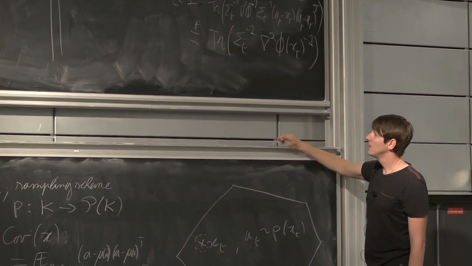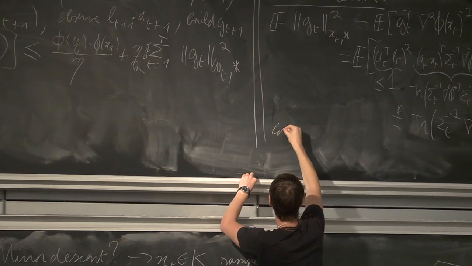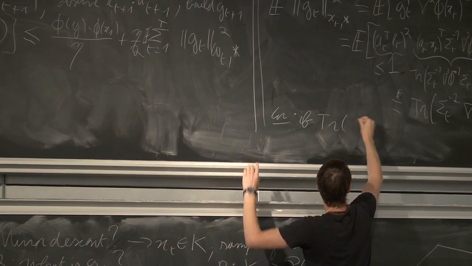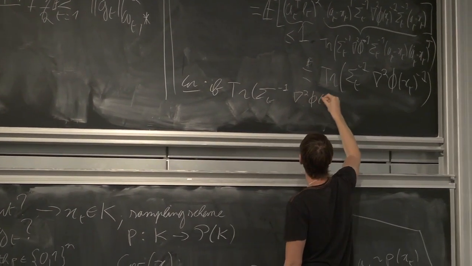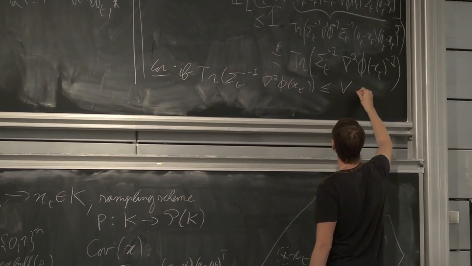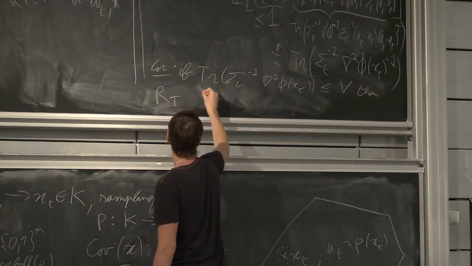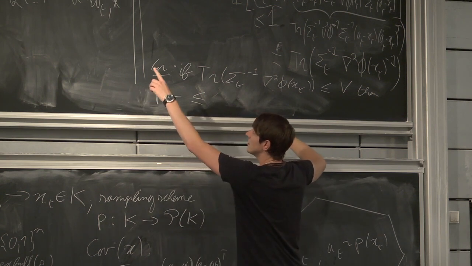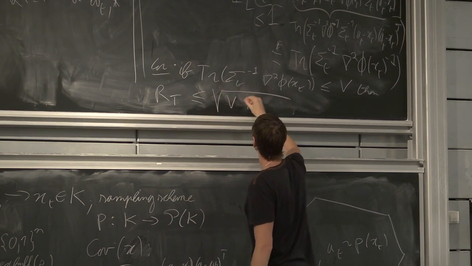So just to clarify, the corollary is: if the trace of sigma t inverse Hessian phi at x_t is bounded by some v, for variance, then the regret is bounded by the range, and I get t times v, so I get the square root of v t, times the range.